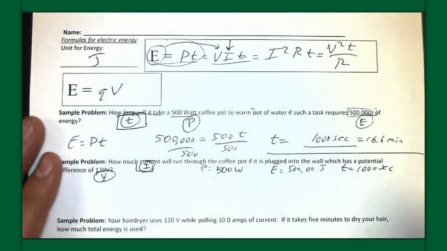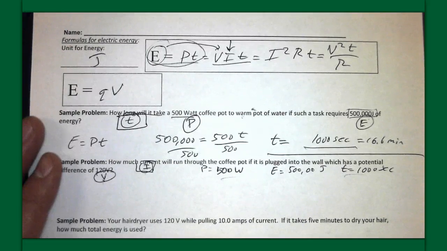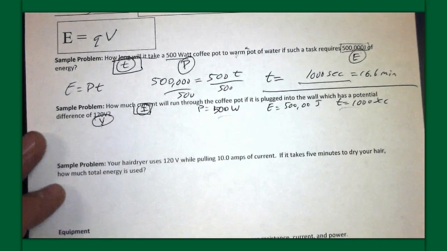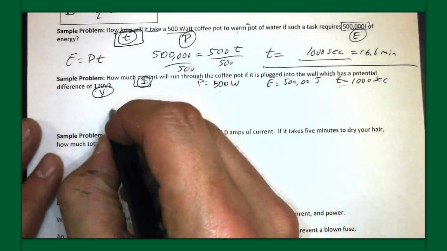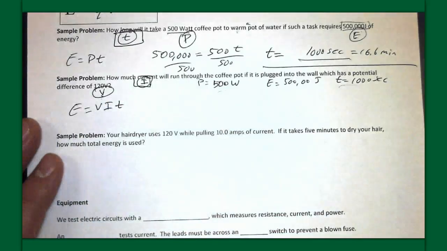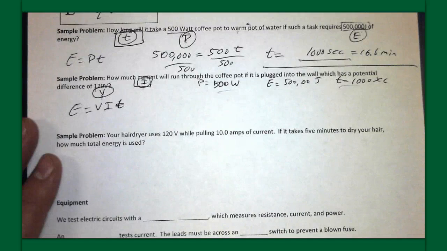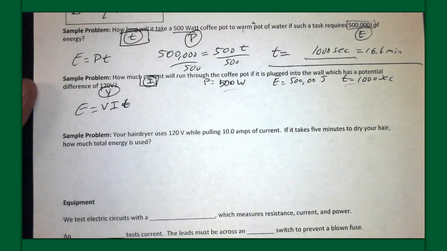We could also use E equals PT again, because we have power and we have time. There's a number of different ways to do this. So let's just do E equals VIT just because it's a different equation, and I can show you that you'll get the same thing. If you want to do both of them, try it and you'll get the same answer.